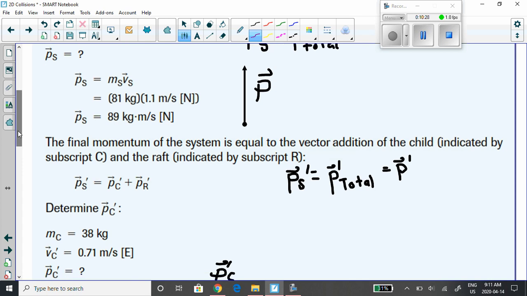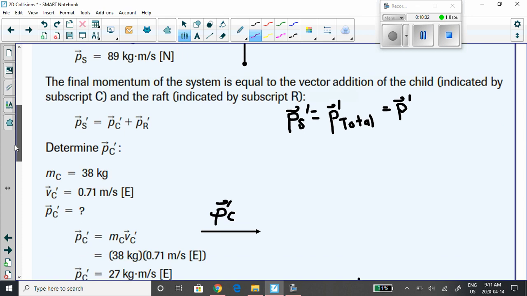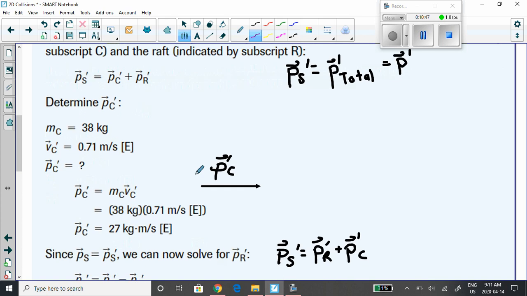We've got to use this equation here to find out how the raft responds. Luckily, they've given us information about the child's walk. The child walks completely to the east. I've drawn it here as a representation.